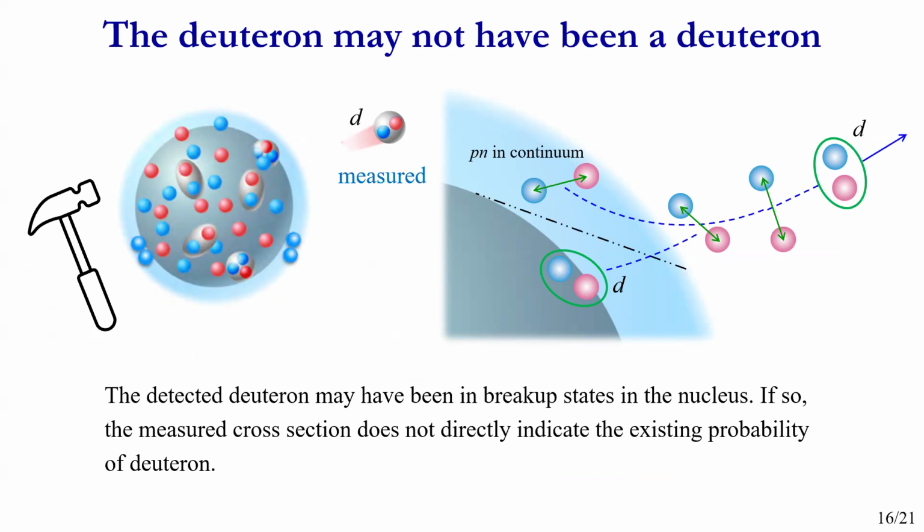We can measure PPD and the deuteron can be detected, but the deuteron is very fragile.